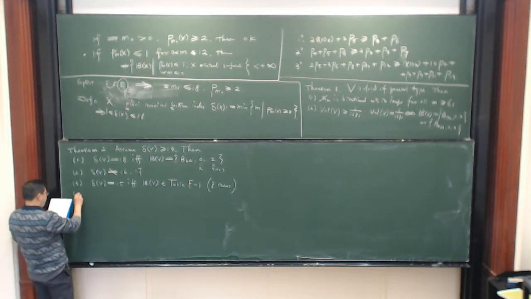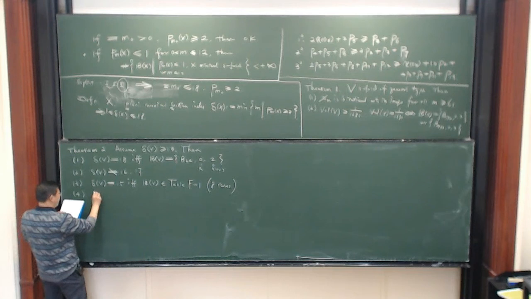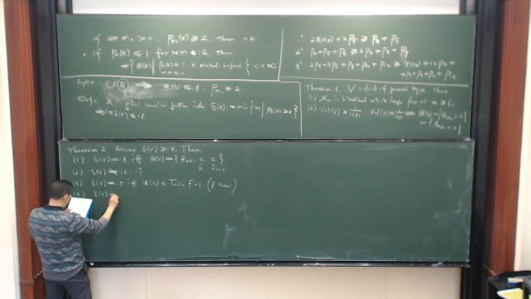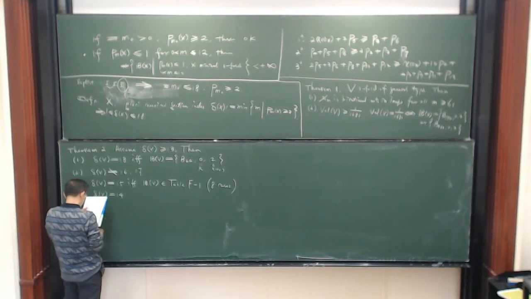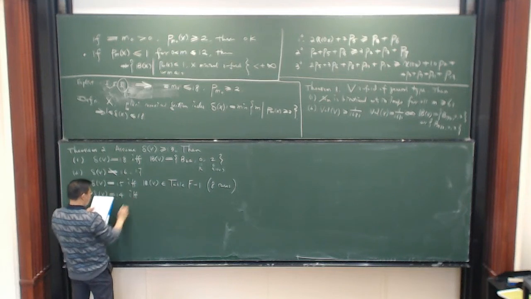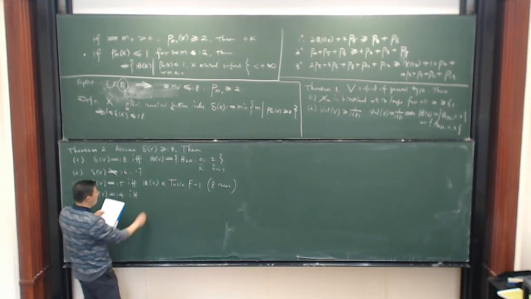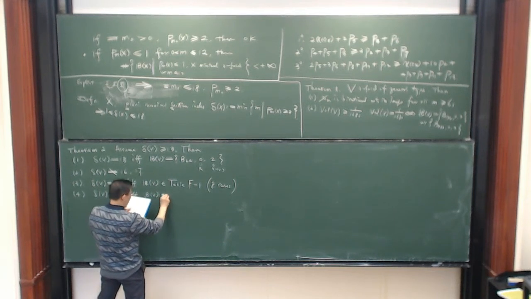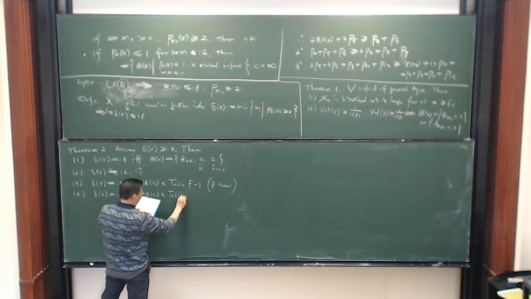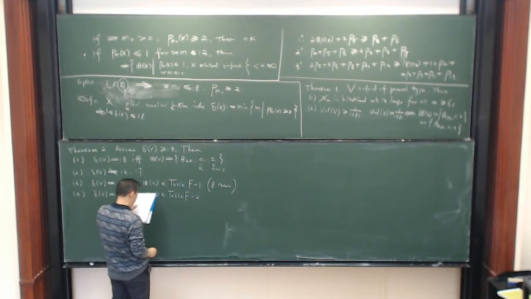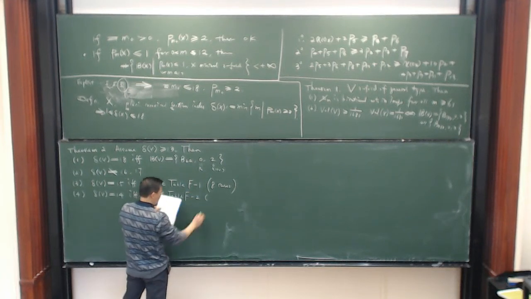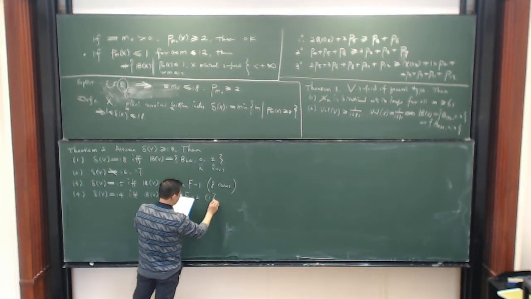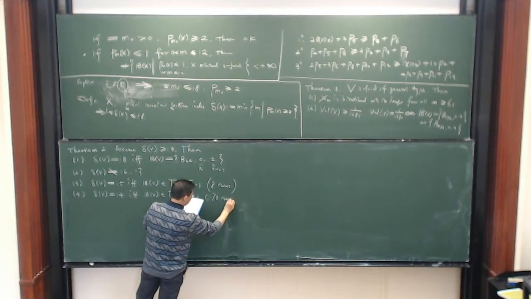Okay, the fourth. This is the most broken case. So delta V equals 14 if and only if B_V is in table F2. So this is a very large table, it's 78 cases.